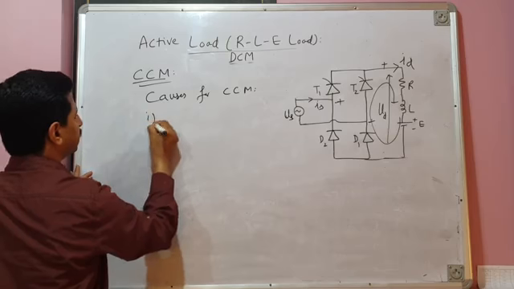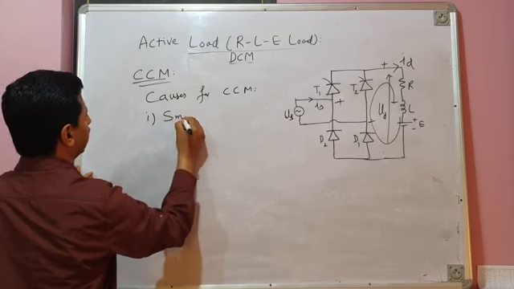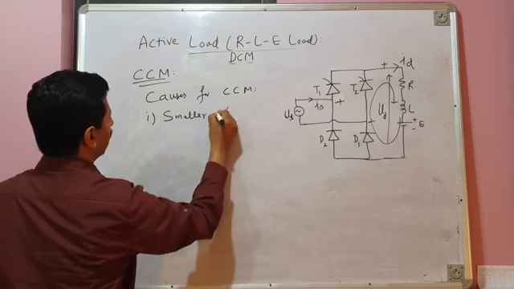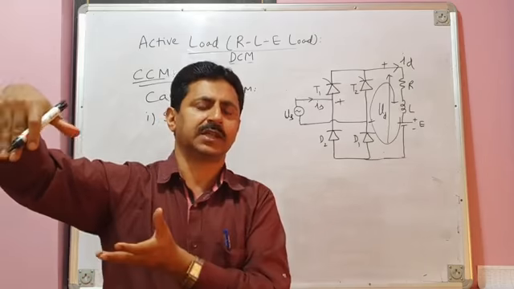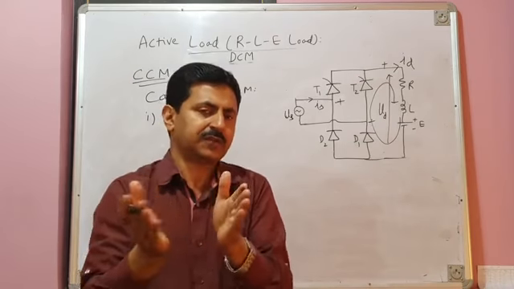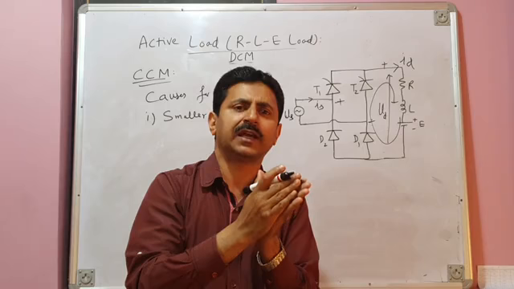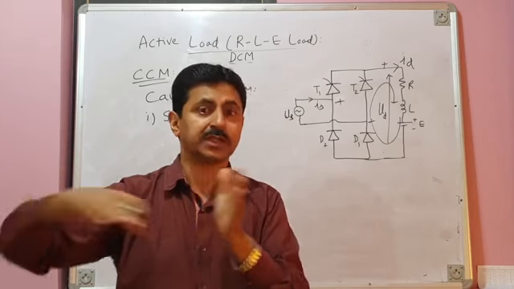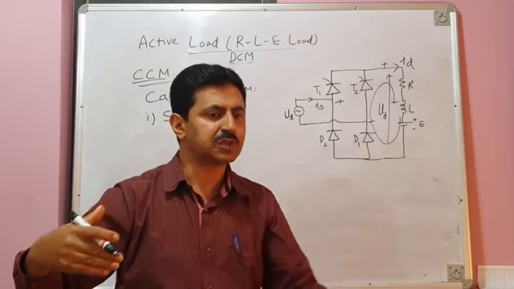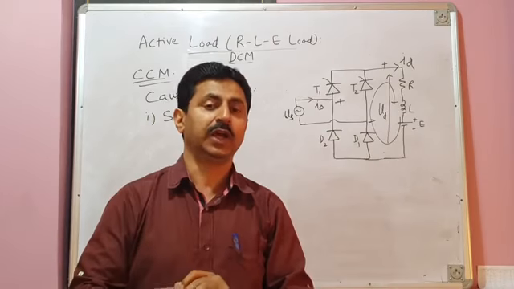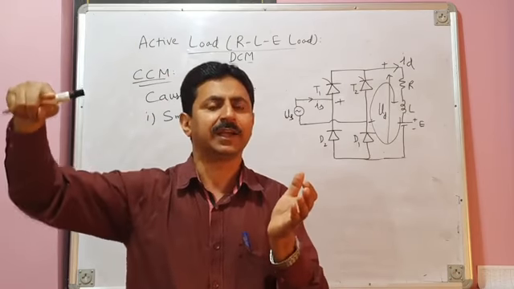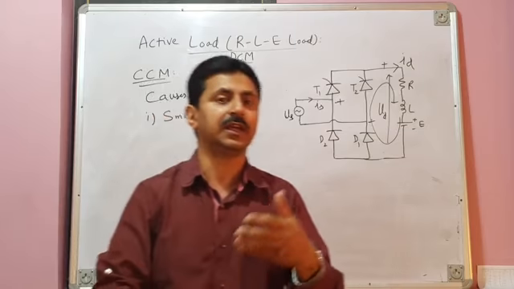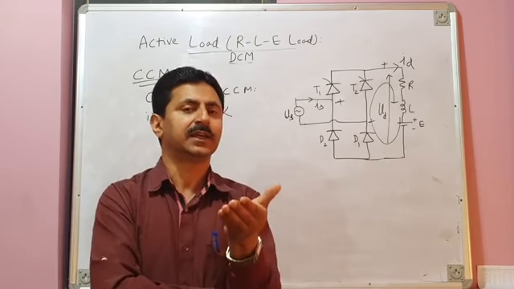Number 1, smaller delay angle, smaller alpha. If alpha is small, there is more average voltage appearing across the load, because the smaller the delay angle alpha, the more the average load voltage. More average load voltage means more power is transferred to the load, which causes a larger flow of current, and that increases the probability of current becoming continuous.